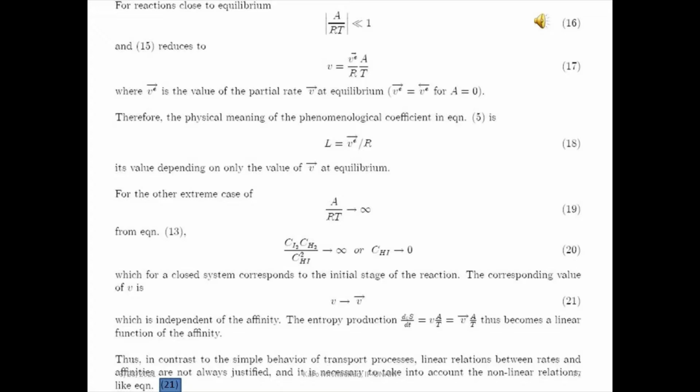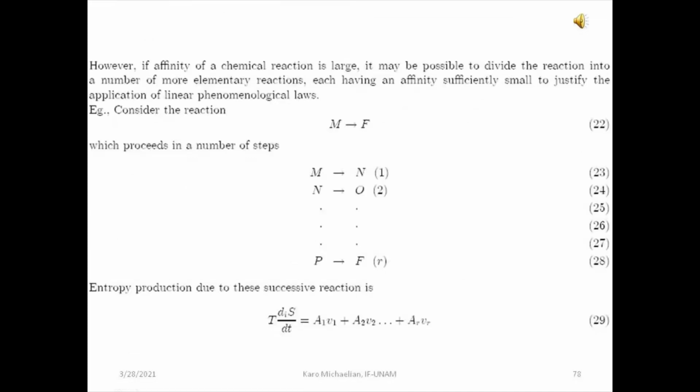So therefore, for chemical reactions, in contrast to simple transport processes, like the transport of heat or the transport of material, linear relations between rates and affinities are not always justified, and it is necessary to take into account the nonlinear relations, like equation 21. So in equation 21 we have the velocity, or the rate of reaction, being a constant value, which is the rate of reaction in the forward direction.